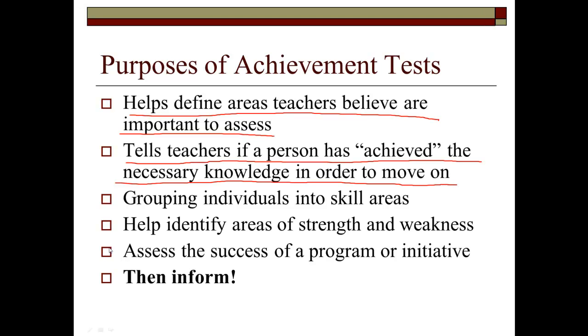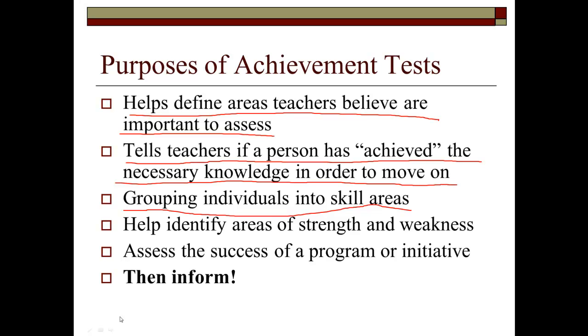And then you can take the results and group individuals into different skill areas. Once you get your data, you can see where people stand score-wise to each other, and then group them based on their level of knowledge and rank.